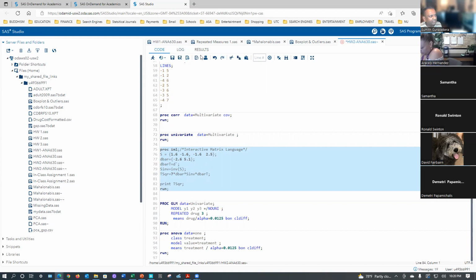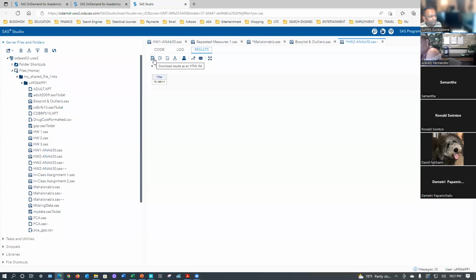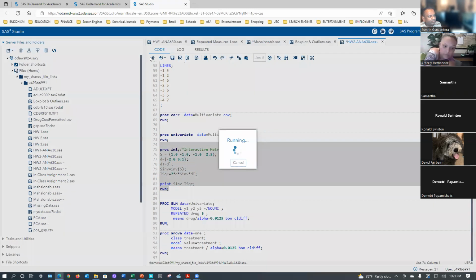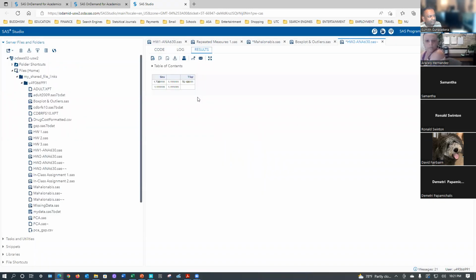I'm going to go with what I had earlier. Here, 2.6. Yeah, 78, that's T squared. And if you want, you can print even this guy too, S inverse. That's the inverse one. This is the T squared.